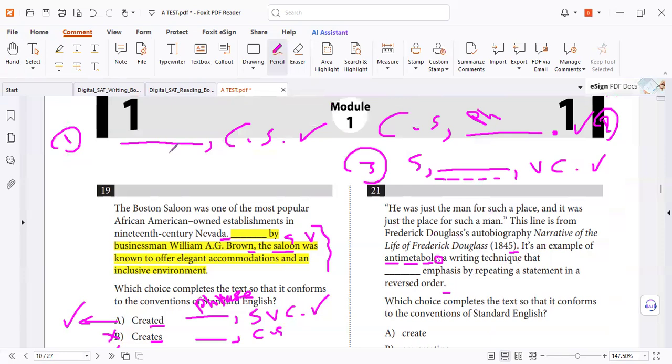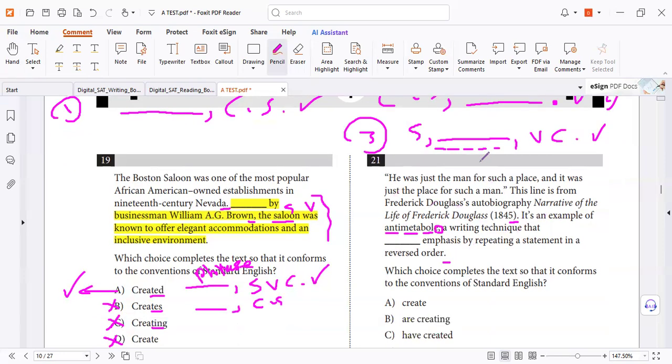Look: sentence, comma, appositive phrase to describe what anti-metable means. Writing technique, that. Here, that means which. So your subject is writing technique. The verb needs a subject. Where is the subject? Technique, or writing? Writing techniques or technique.